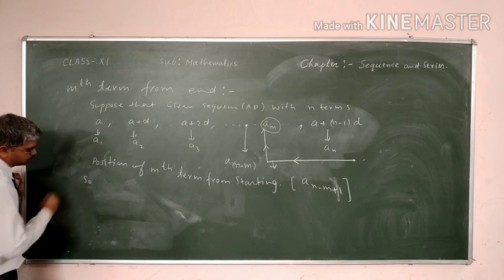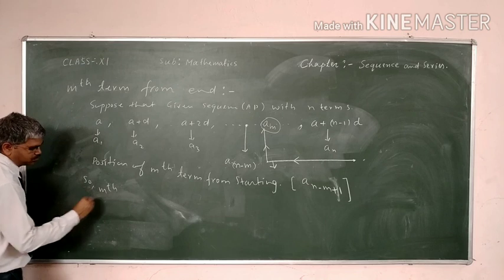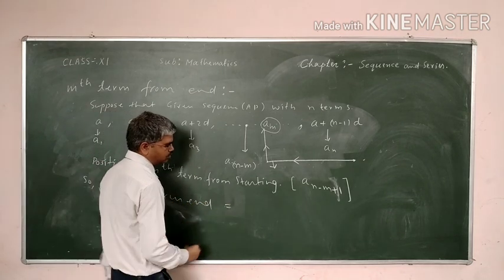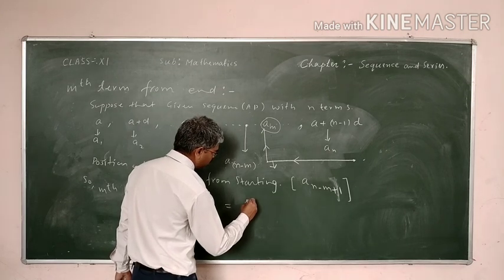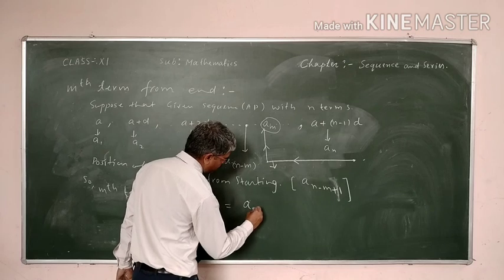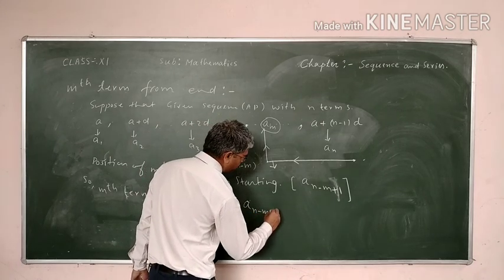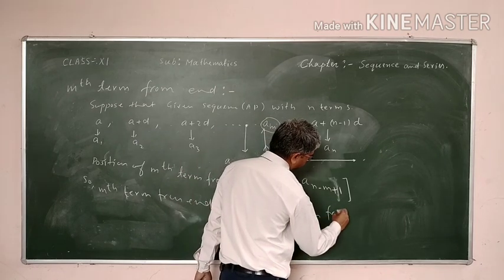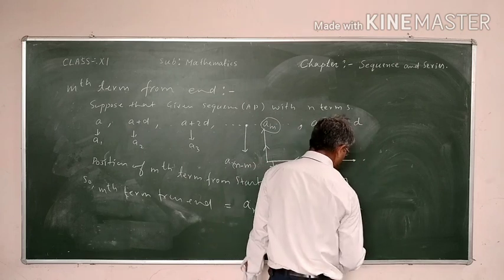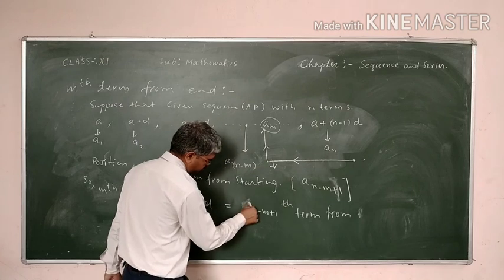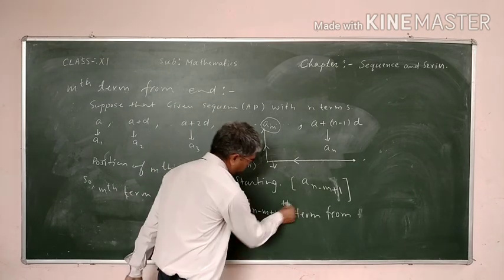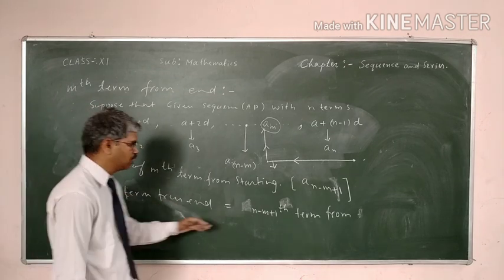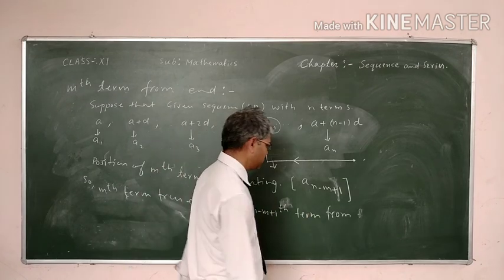So the mth term from the end is equal to the n minus m plus 1th term from the start.